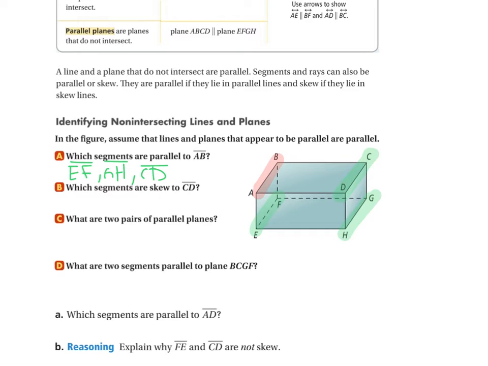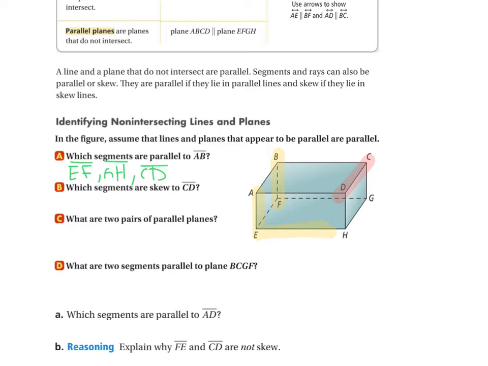All right, now let's do the next one. Which segments are skew to CD? Remember what skew is: not parallel, not on the same plane, and they do not intersect. So we're looking for which ones are skew to CD. Well, that looks like you could say AE, BF, what other ones?